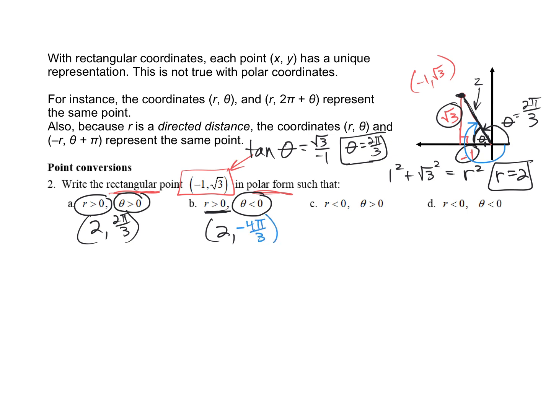This is where knowing your trig, and those radial lines or radial angles, are really important. Okay, the next one says make the r negative. So this time I'm going to go negative 2. You can still take a 2 because it's obviously that distance. And they want a positive angle.